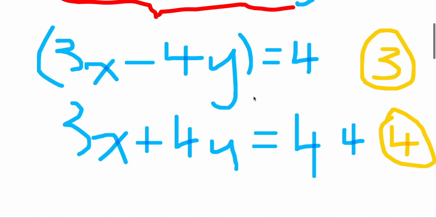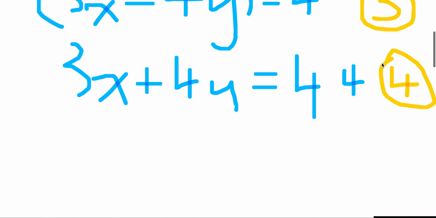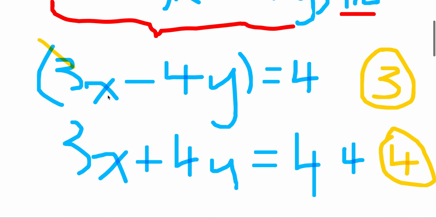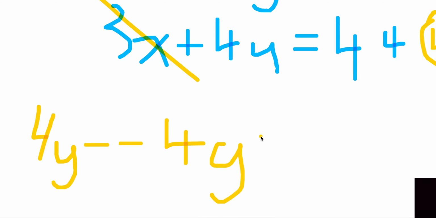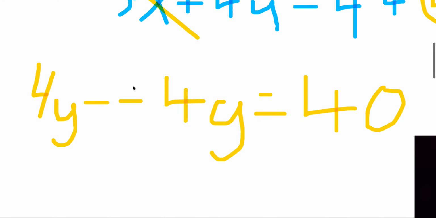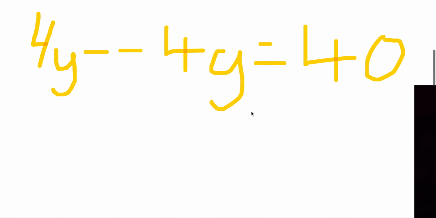Now we are going to do 4 minus 3. So the 3x terms are going to cancel out, and 4y minus negative 4y is equal to 40. Minus minus is the same as plus, so 8y equals 40.